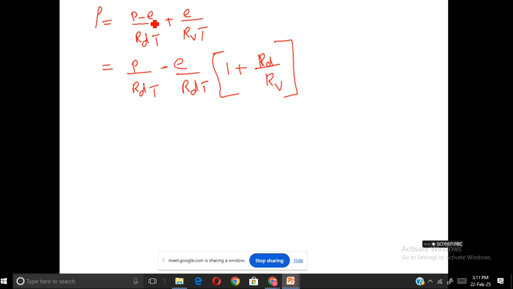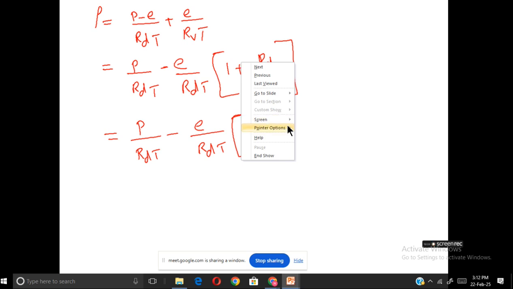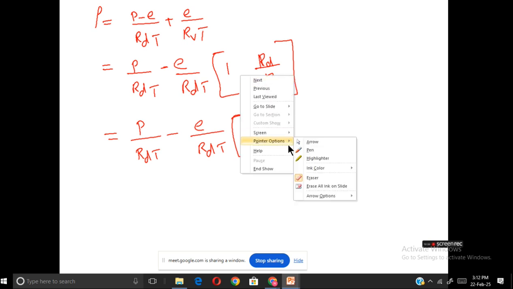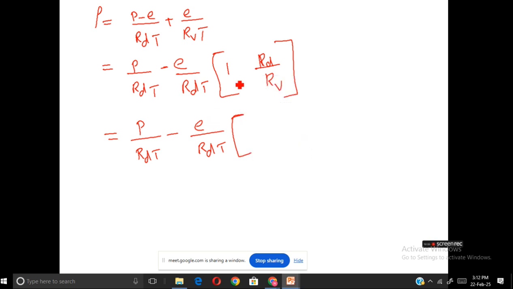If you take E by RdT common from the second and the third term, this will become P by RdT minus E by RdT into, since we are taking minus E by RdT common, inside the bracket it will be minus.